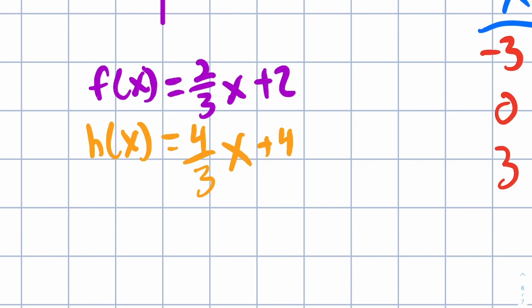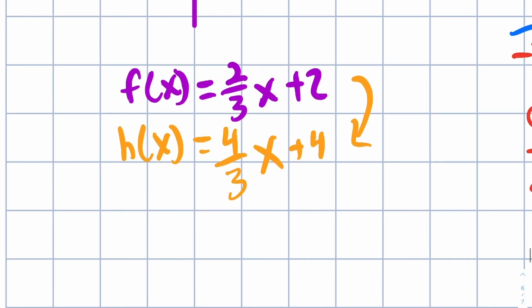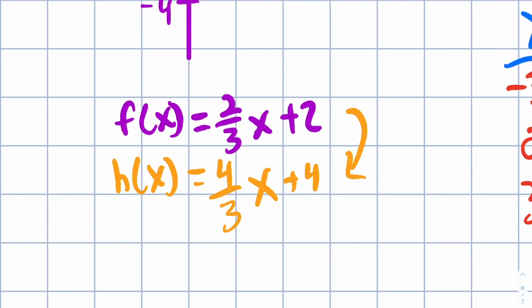So what's the difference between these two equations? What changed? Let's look at the top of those fractions. The 2 changed to a 4 for the slope, but the bottom stayed the same. So this was a times 2, and this was also a times 2.